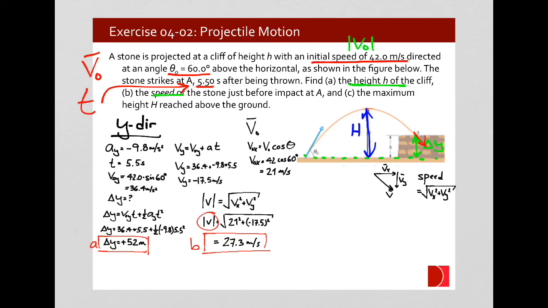But the maximum height is when you are not going upwards anymore. And if you're not going upwards anymore, that means that your final velocity in the y direction is equal to 0. We also know that our acceleration in the y direction is still due to gravity. That hasn't changed.